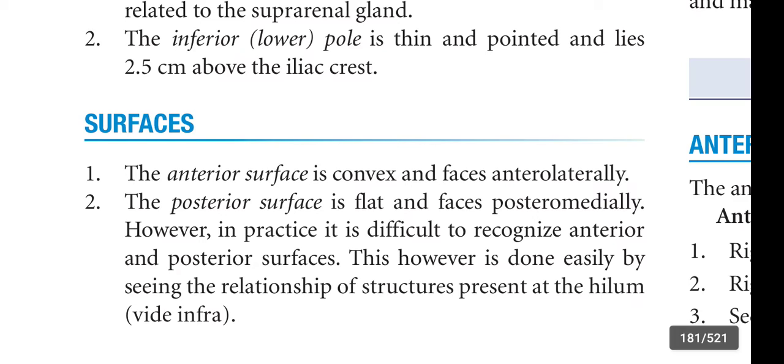Imagine, guys, to make it easy to remember: the anterior surface is convex, maybe like a bent shape, and faces anterolaterally, and the posterior surface is flat and faces posteromedially.